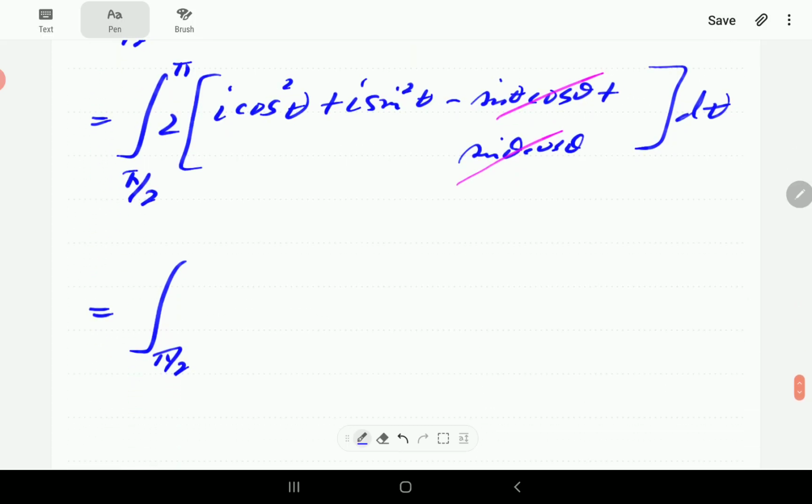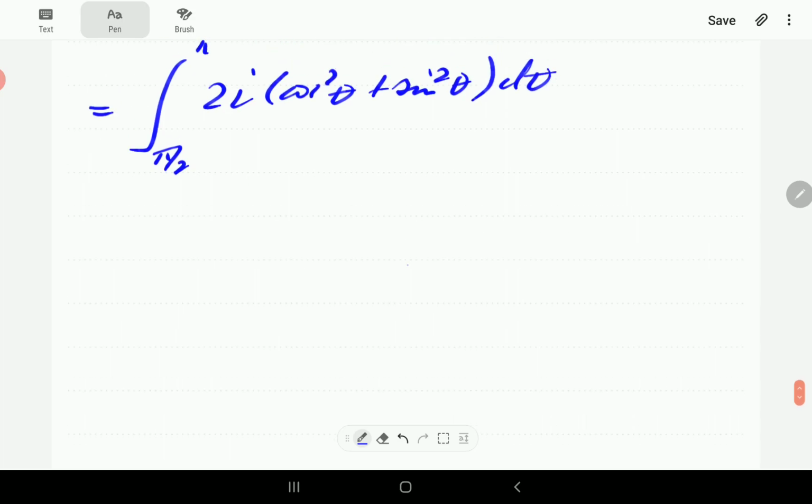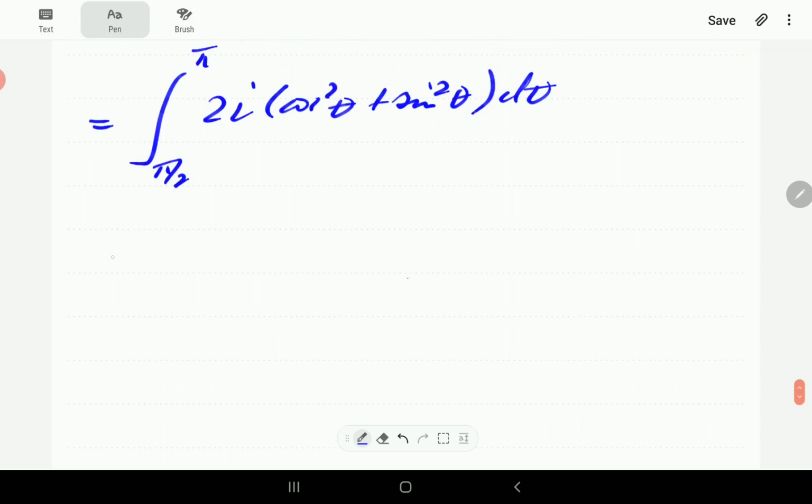So this is going to be the integral of 2i times cosine squared theta plus sine squared theta d theta, but cosine squared theta plus sine squared theta is 1, so this is just 2i d theta.